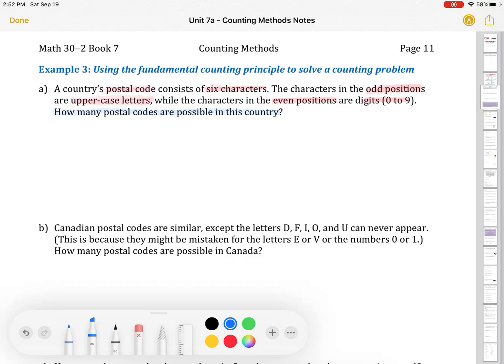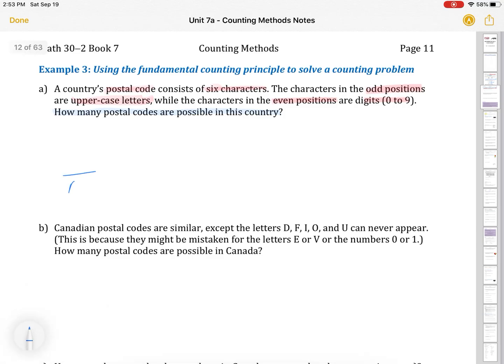Now, it doesn't have any restrictions on repetition or letters you can't use. So we're going to assume that we can use anything. So in the first position, it can be A to Z. So there are 26 options. And in the second position, it can be 0 to 9. So there are 10 options. Third position, again, A to Z, 26.